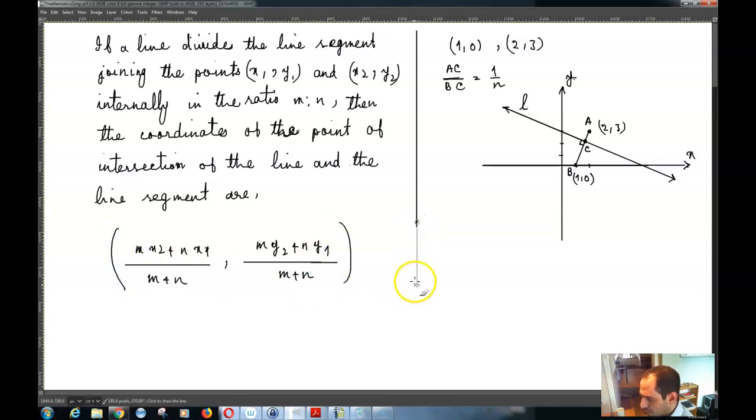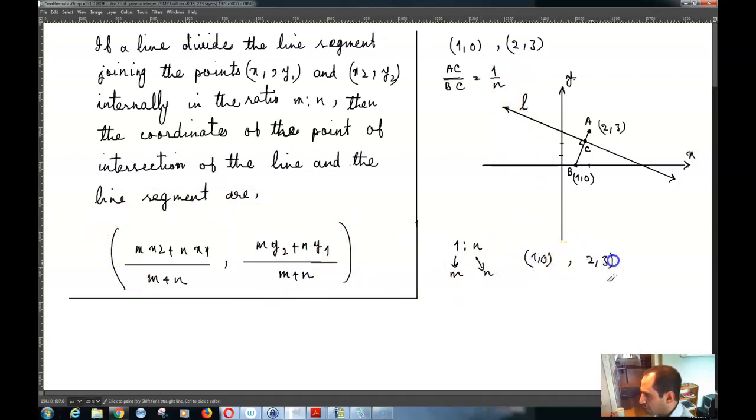Now I can use this concept in order to find the coordinates of this point C. Over here the two points are 2, 3 and 1, 0, and the ratio is 1 to n. You can take this as m and this as n in the formula. The points are 1, 0 and 2, 3.